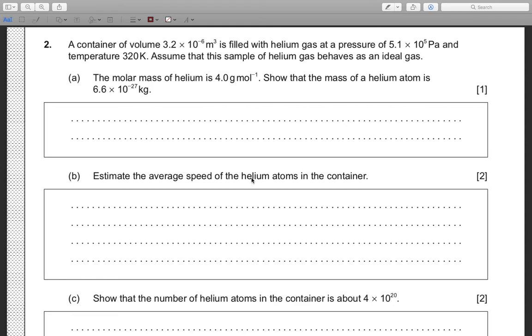Assume that the sample of helium gas behaves as an ideal gas. Okay, A. The molar mass of helium is 4 gram per mole, so that the mass of a helium atom is 6.6 times 10 to the power of minus 27 kilogram.